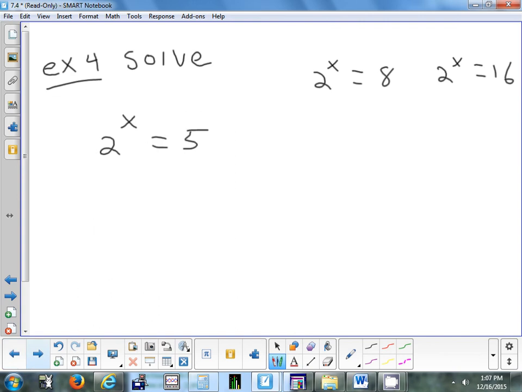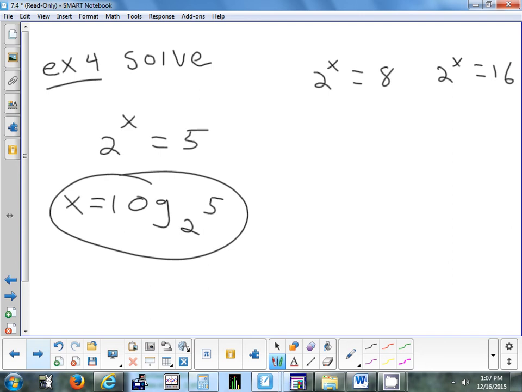Anytime you've got a variable as an exponent, remember, logarithms solve for exponents. Logarithms are exponents. What's my base? 2. What's my argument? 5. And I just said it, logarithms always equal exponents. That's it.